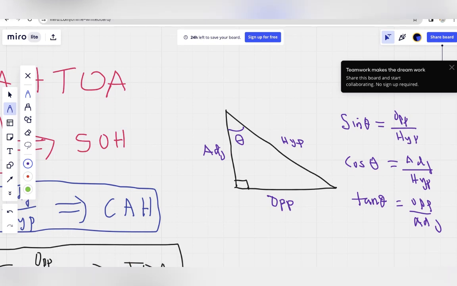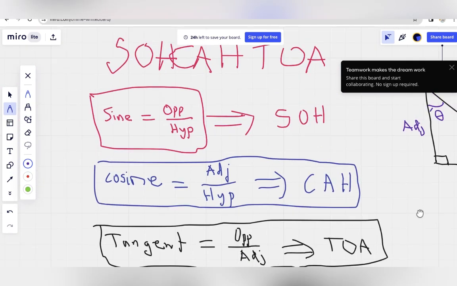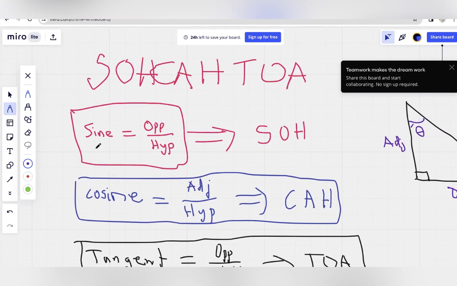Okay, now let's look at the application. We've shown the SOHCAHTOA and explained it vividly. SOH: sine equals opposite over hypotenuse. CAH: cosine is adjacent over hypotenuse.